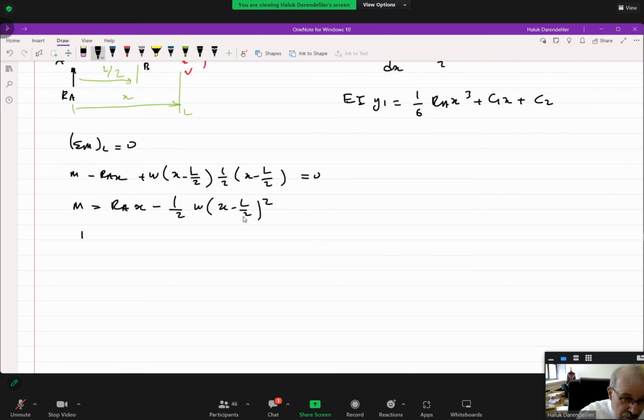That is, for this chapter at least, EI d squared y over dx squared is equal to M. But now we are referring to the second region, so we have to distinguish these y's. Let us say this is y2. And that's equal to RA X minus 1 over 2 W times X minus L over 2 squared.